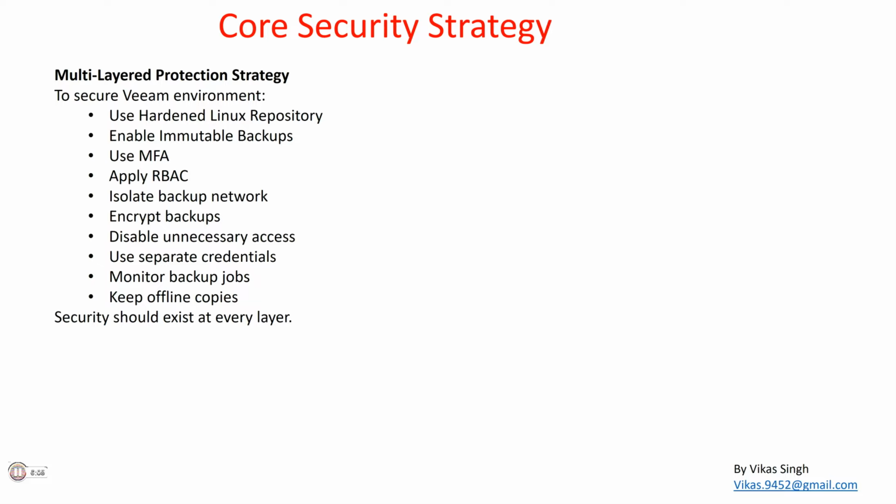A secure backup environment should include these things: use a hardened Linux repository, enable immutable backup, which we are going to see in this demo, and use multi-factor authentication, role-based access control, network isolation for the backup infrastructure, backup encryption, separate credentials for your Veeam infrastructure, and monitor all backups and auditing, plus offline backup copies. So security should exist at every layer.